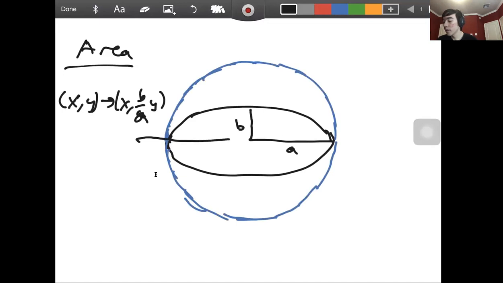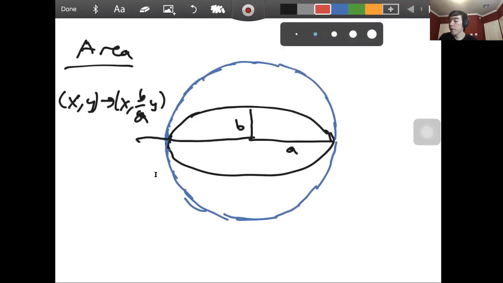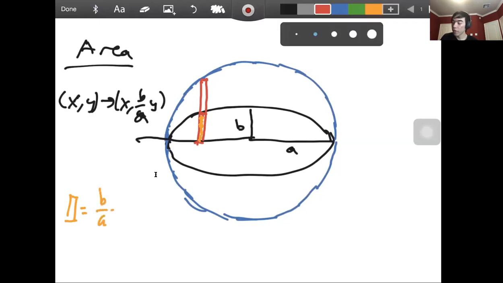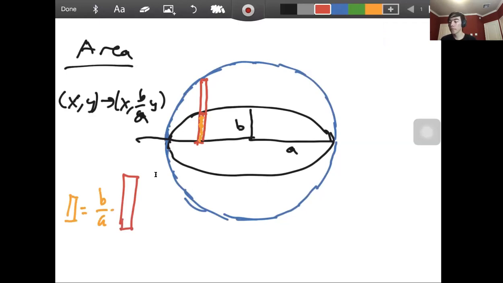So what this means is that if we take a very small rectangular segment of the circle, and that same rectangular segment for the ellipse, the area in the ellipse, this gold segment, is equal to b over a times the entire red segment. I'm just drawing a circle and an ellipse inside of it.